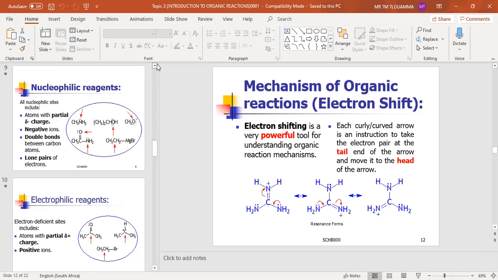But it's very important to know how to draw it, even if it's multiple choice. They're going to bring different structures, so be able to know which one is correct depending on the shifting of those electrons. So you have to know all the processes and your whole mechanism.